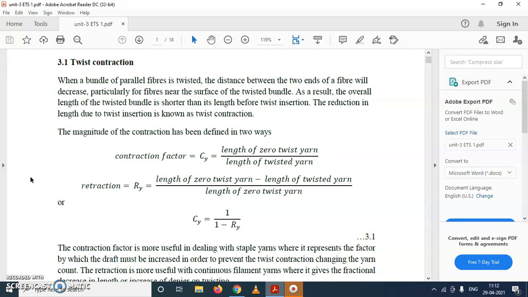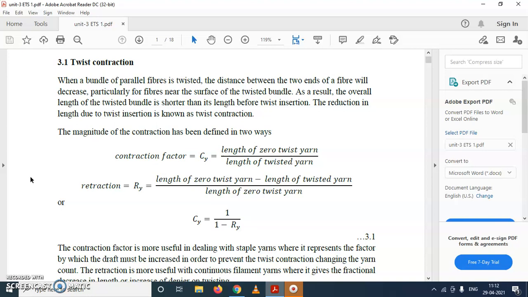So it will always be between 0 to 1. And if we derive the relation between Cy and Ry, we'll get this expression. So you can move from Cy to Ry or Ry to Cy using this expression. Derive this expression as your home assignment and submit.